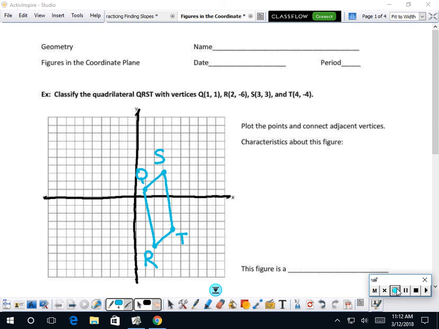Okay, so I'm going to start with this side QS. Oops. Let's make my pen not as big. Okay, so the line QS, we count the slope. So from Q to S, I go up, rise 2, and then I run 2. Okay, so my slope here is 2 over 2, and I can reduce this slope 2 over 2 to just 1.